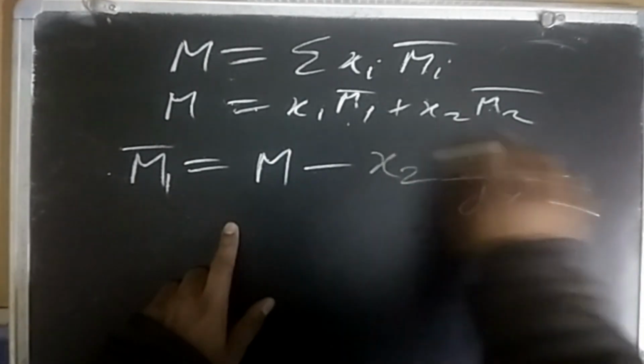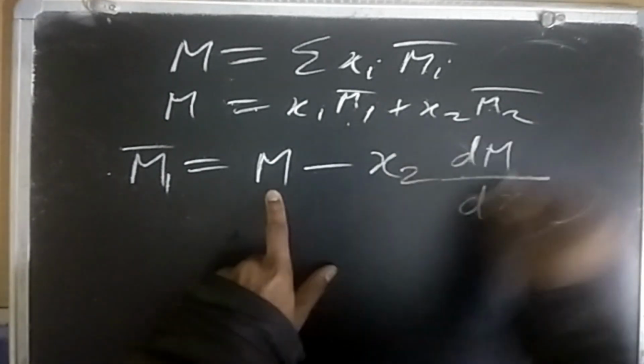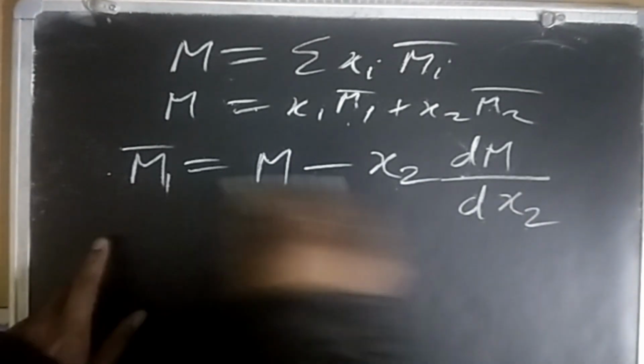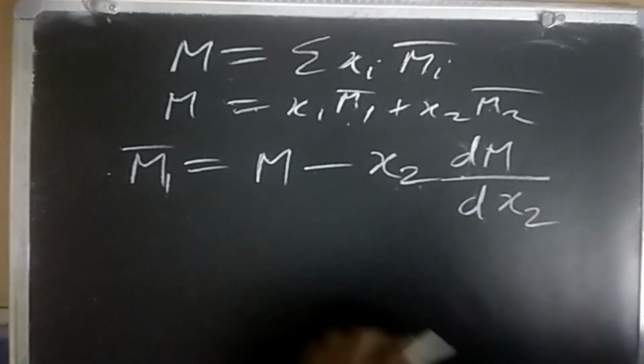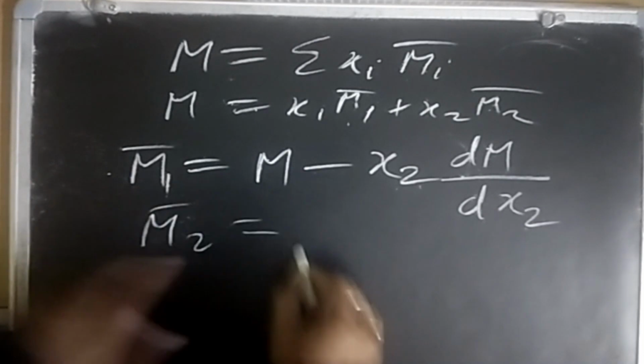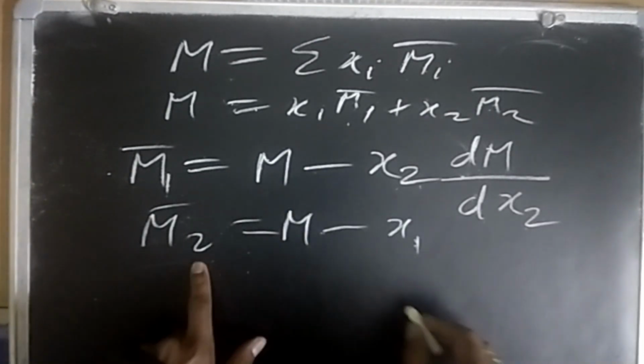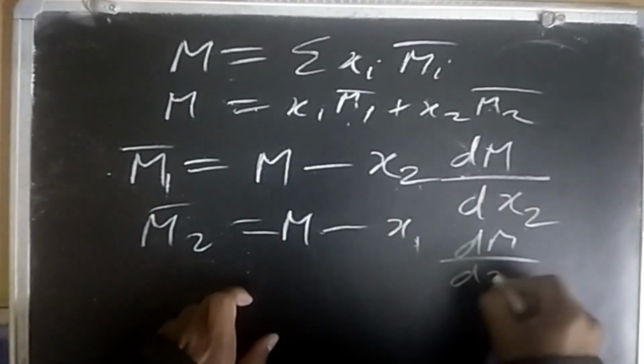And the other way around, M2 bar is M minus x1 dM by dx1, and this is the same thing.